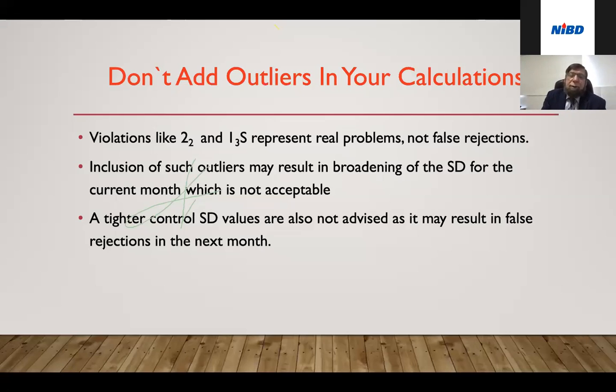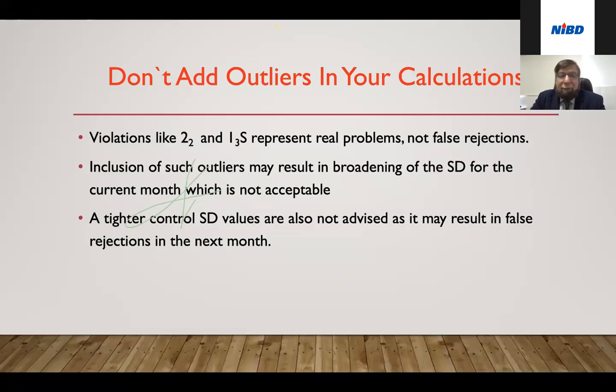Now, this is a question regarding the 1 2S value. If you do not add the 1 2S value as an error, and you reassay it and correct it, and then you add the corrected value, probably your SD will be too tight, and that will give you false rejection next month.